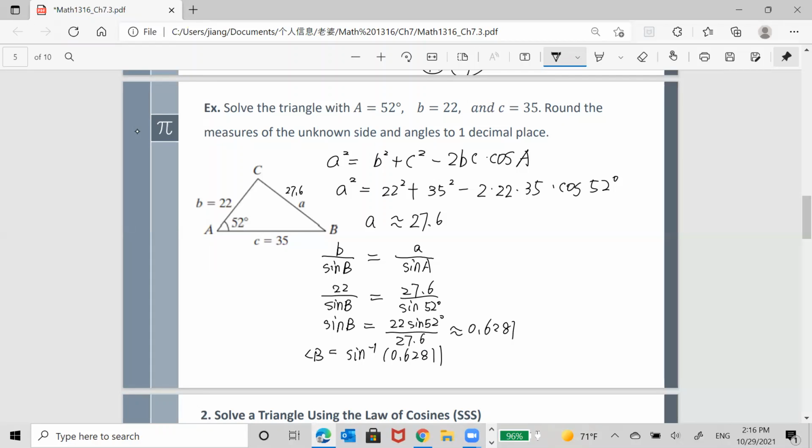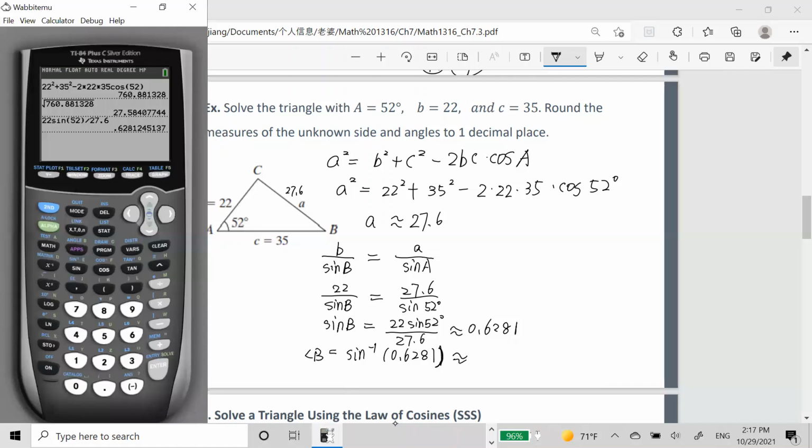Right? This is 1, not 7. This is parentheses. I'm not sure if it's about or not, so just put the sine here. So second sine, and then highlight this number, click enter. I think it's too much, so I can delete something.